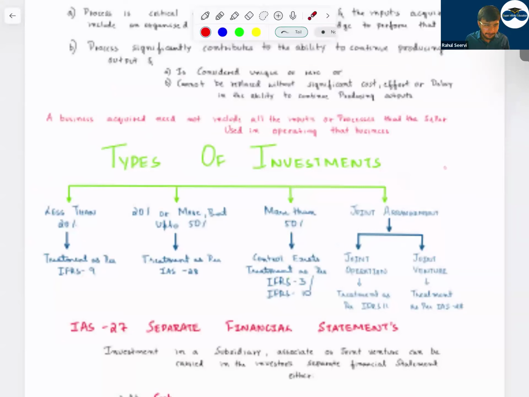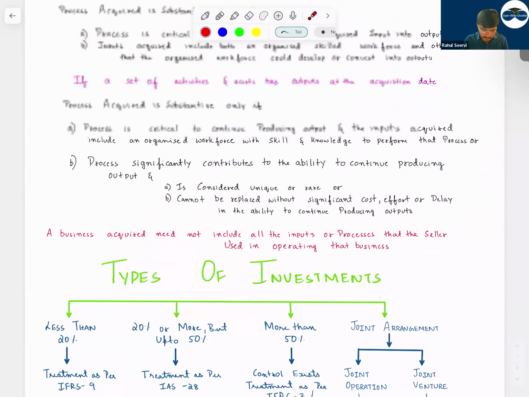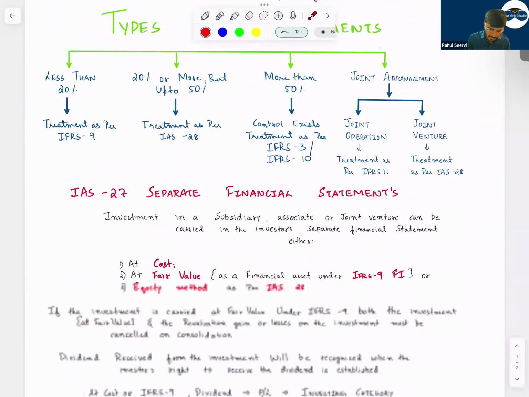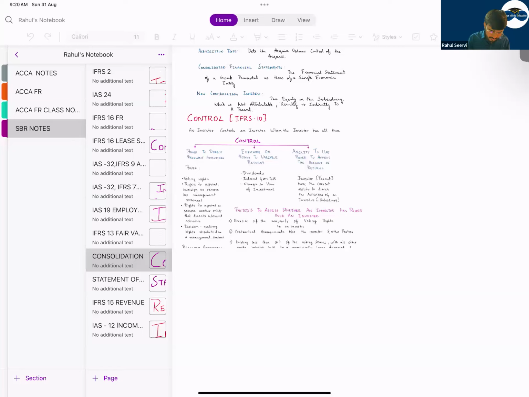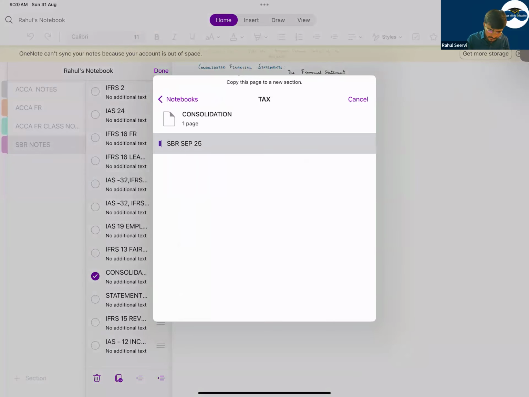Clear, but it will create a problem because it's one single page. That is the reason, let me shift to OneNote only.